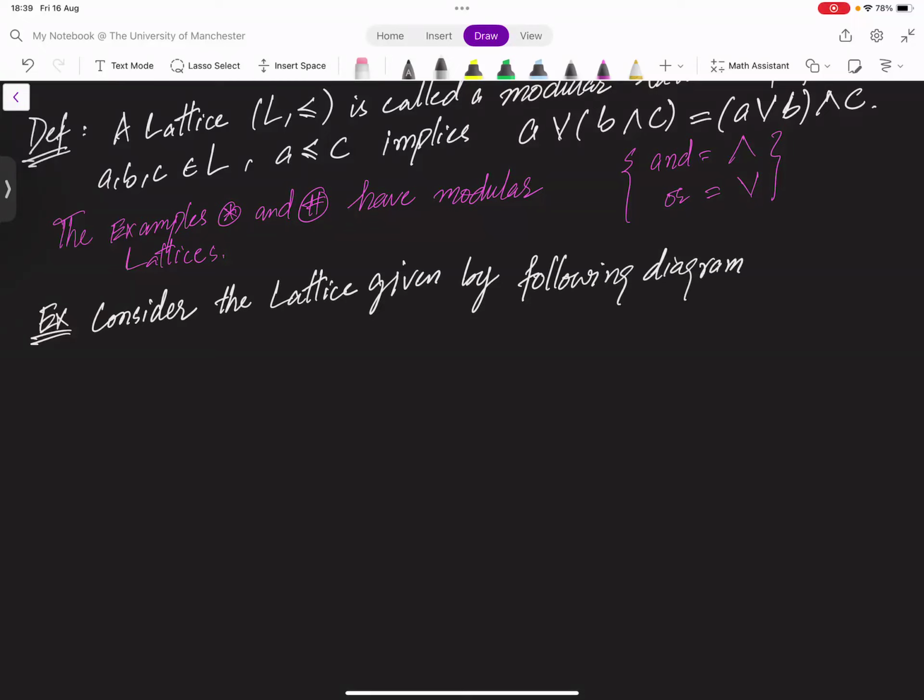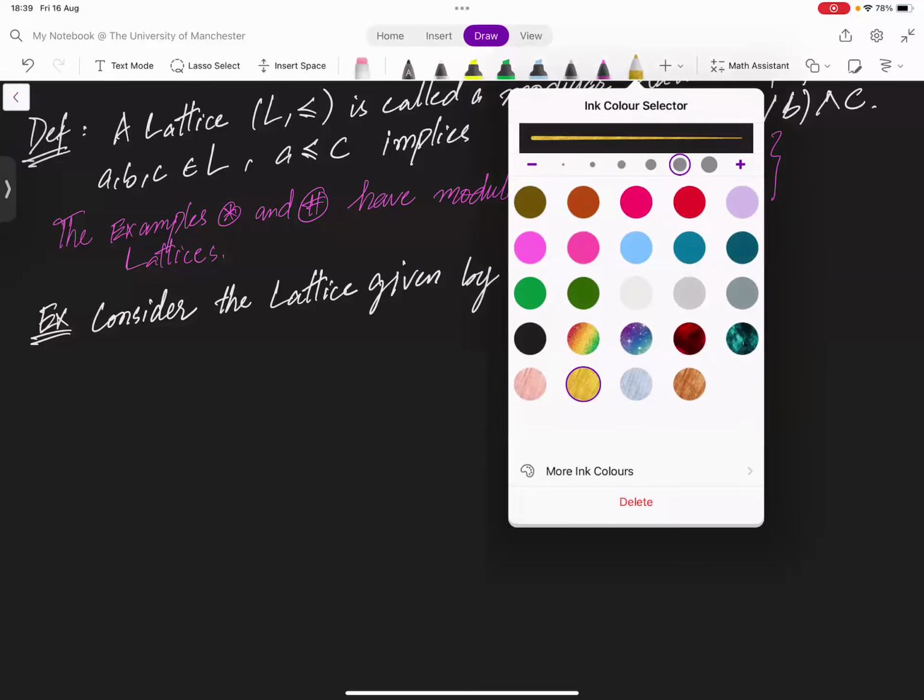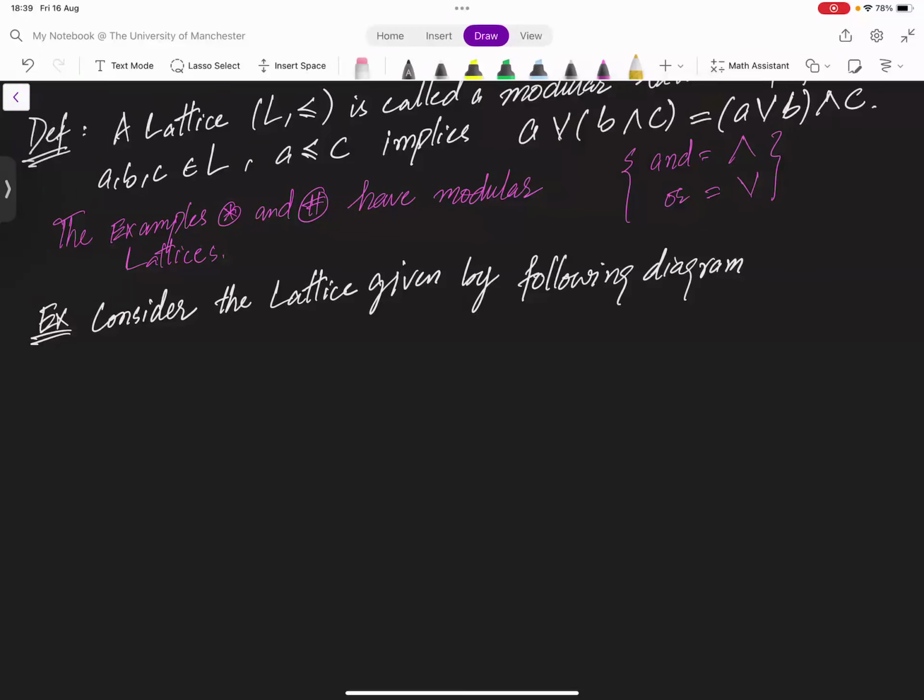So we have a diagram. We have 1 here, B here, C here, A here, and 0 here. And let's connect those.